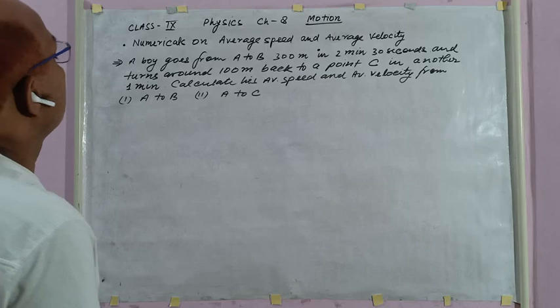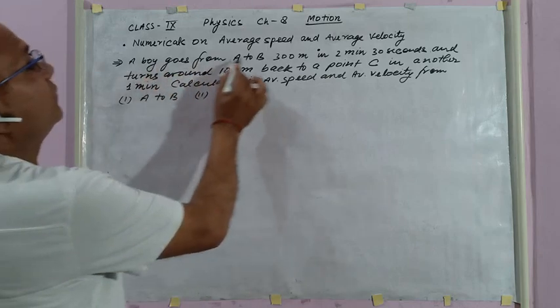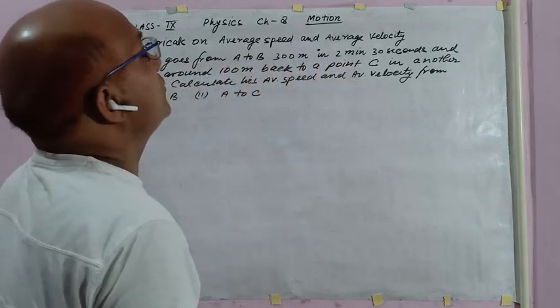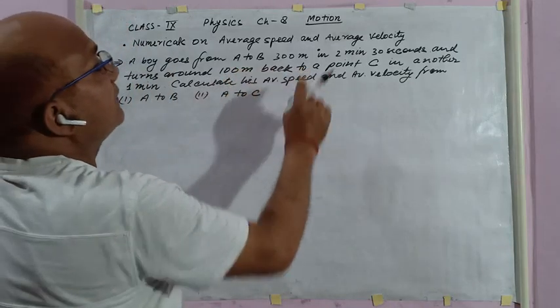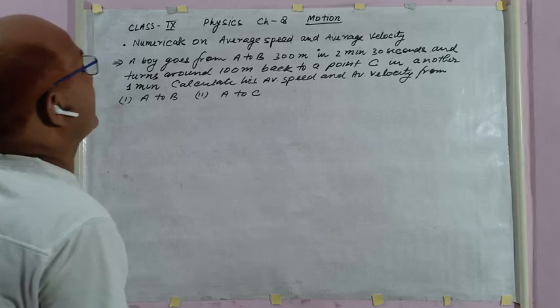Now let us see. A man goes from A to B 300 meter in 2 minutes 30 seconds and turns around 100 meter back to a point C in another 1 minute.